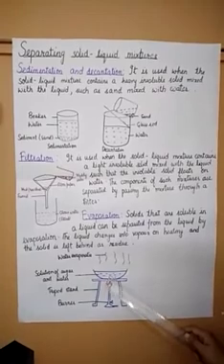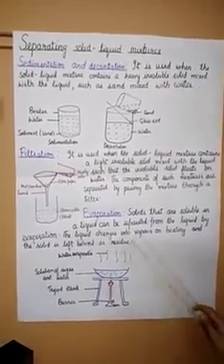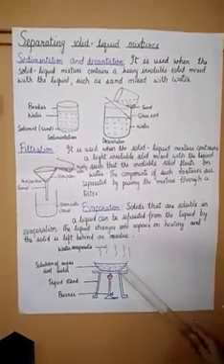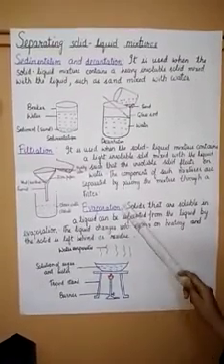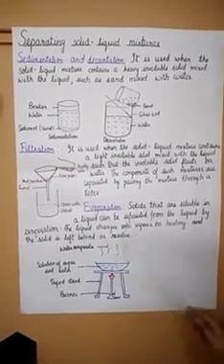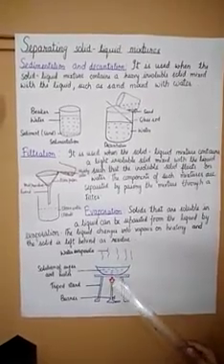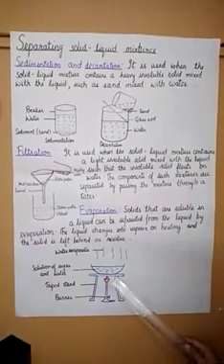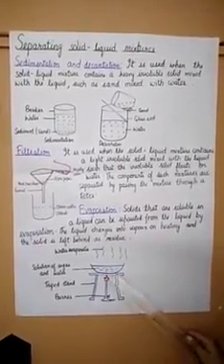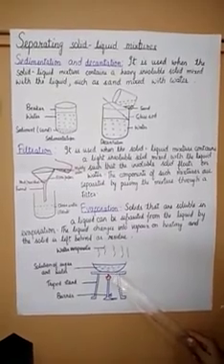This way we can separate sugar and water by the method of evaporation. We heat the mixture, the liquid evaporates, and the solid component is left in the dish. And through evaporation, we obtain salt from sea water.